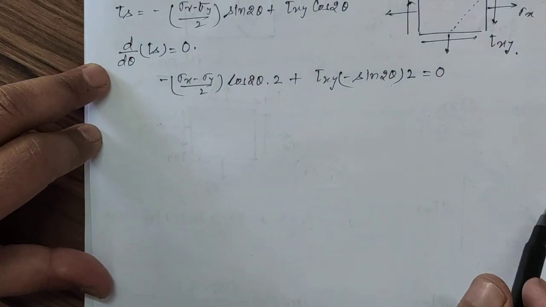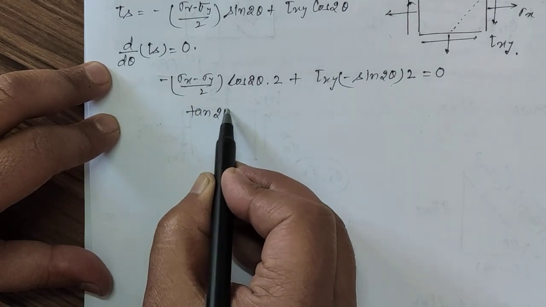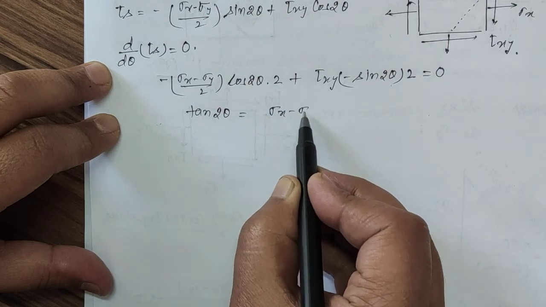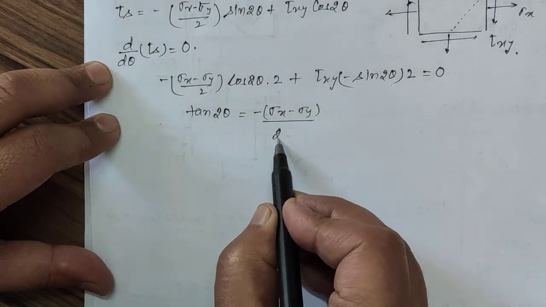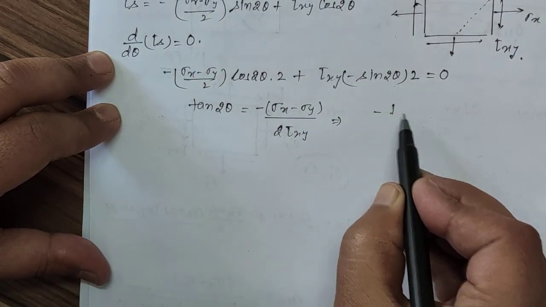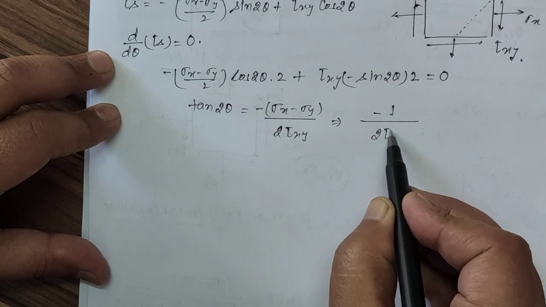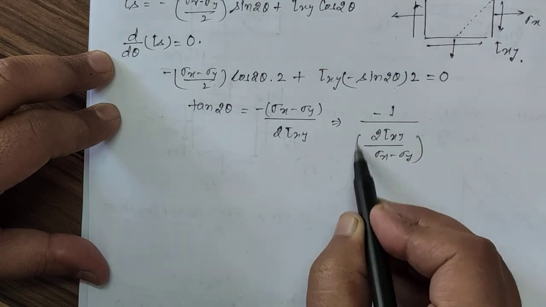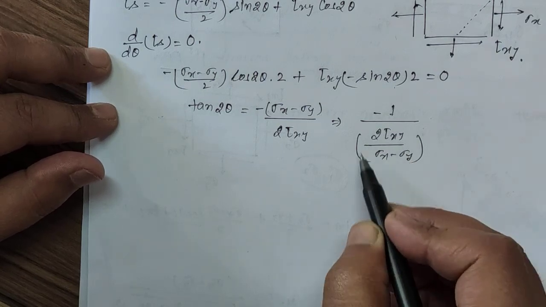From here we can calculate the value of tan 2 theta, which is coming out to be minus (sigma x minus sigma y) divided by 2 tau x y, or we can also write minus 1 upon 2 tau x y divided by sigma x minus sigma y.